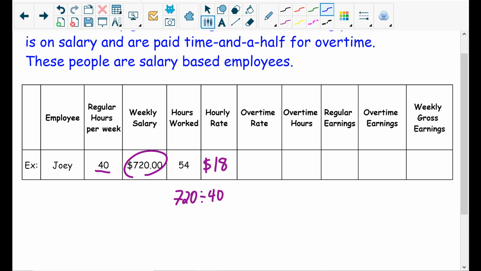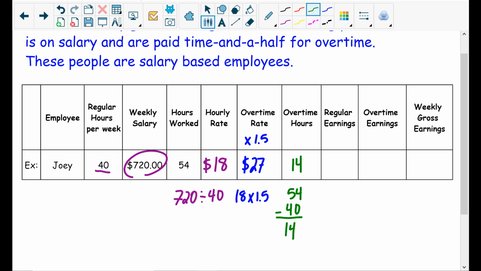The overtime rate is that times 1.5, so 18 times 1.5 is $27. For overtime hours, we take our hours worked, 54, subtracting the regular hours, 40, so we get 14 overtime hours.